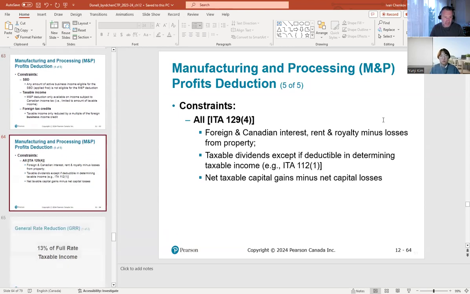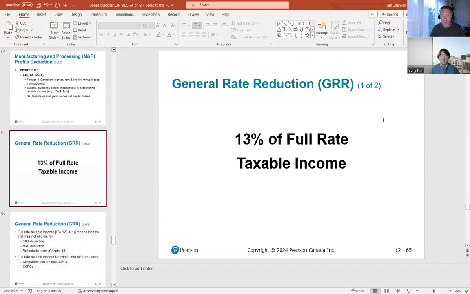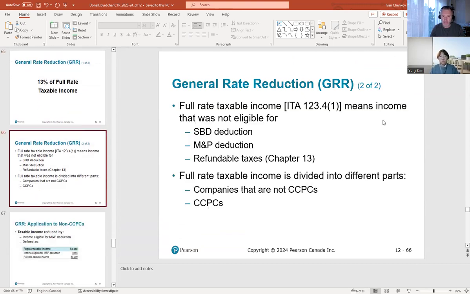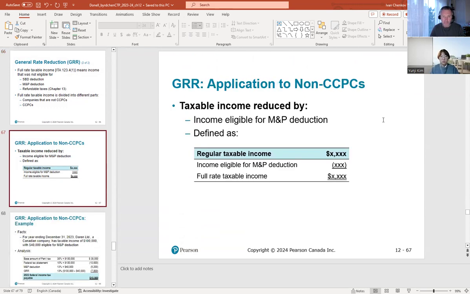There are some constraints here. The 13% of the full rate taxable income is the general reduction rate. So we're going to get this regular taxable income, deduct the income eligible for the manufacturing and processing deduction, and then we get the full rate taxable income.